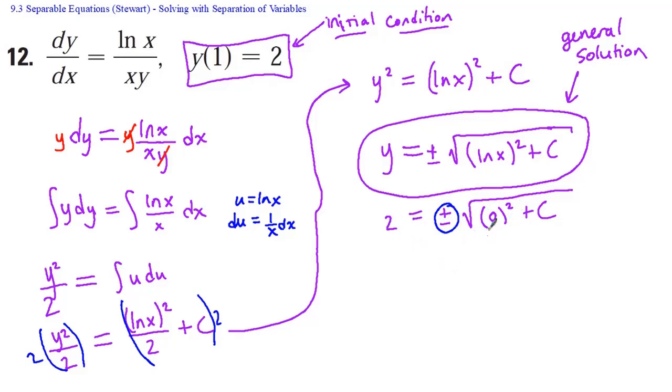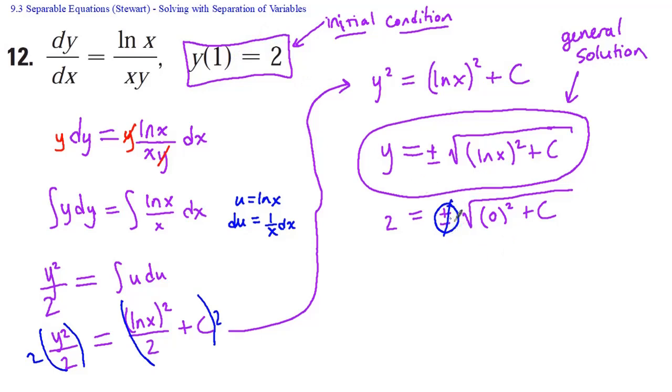This square root is going to equal 2, positive 2, not negative 2, so it can't be minus. That's what I'm saying when I say it's only going to give me one continuous piece of curve here. We no longer need the plus or minus. It's part of the general solution. It will not be part of this particular solution. It's just going to be the positive. Now, if this was y of 1 equals negative 2, then I would only keep the minus.